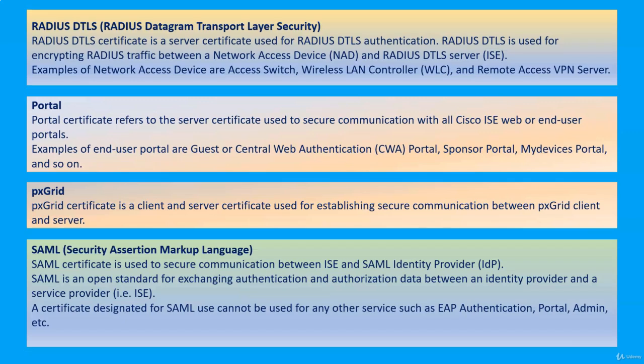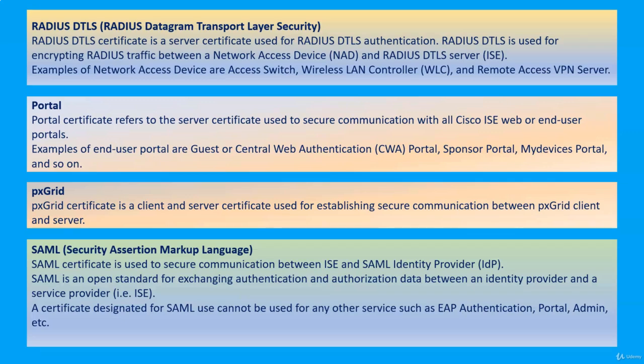Examples of end-user portals are guest or central web authentication portal, sponsor portal, my devices portal, and so on. pxGrid certificate is a client-server certificate used for establishing secure communication between pxGrid client and server.